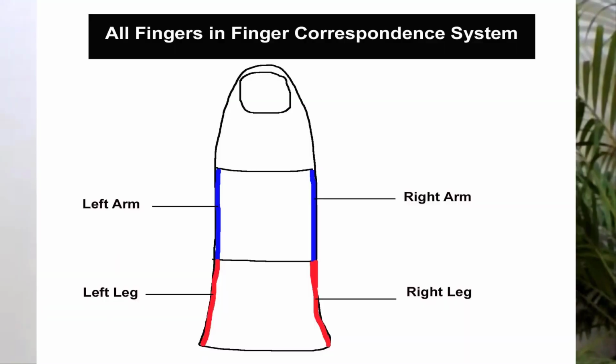The arms and legs, I don't know if I explained it to you or not, but on each finger, because the arms are in the chest area. So on the right side, the middle phalange would be your right arm, and on the left side would be your left arm, while in the lower phalange, the right side, yin yang line, would be the right leg, and the left side would be the left leg of the lower phalange.